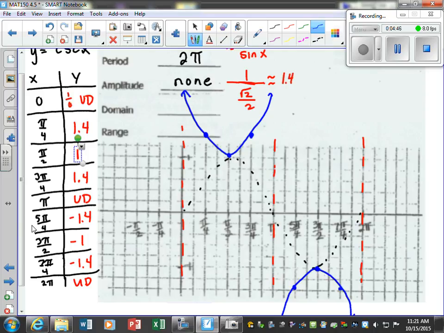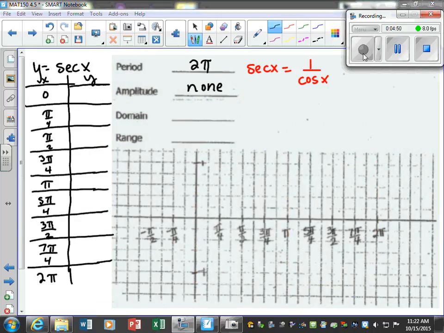Okay, let's do a similar thing with our secant x. So we have y equals secant x as the next one we're going to look at. We have an xy table set up. Our period's 2 pi. It has no amplitude. And we recall that the secant of x is evaluated by 1 over the cosine of x.